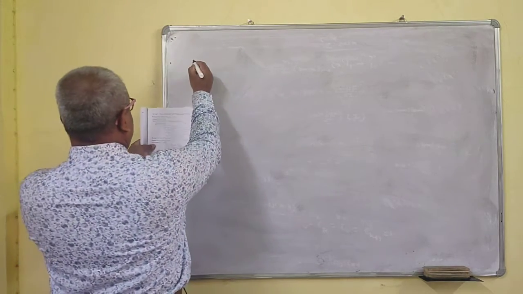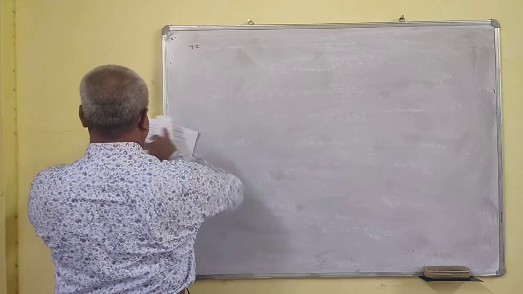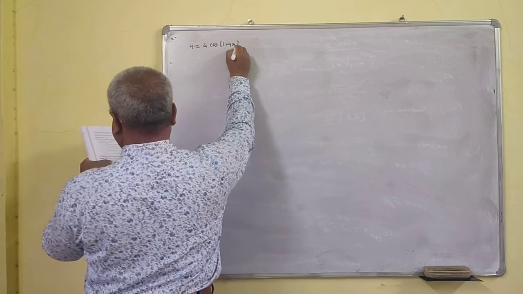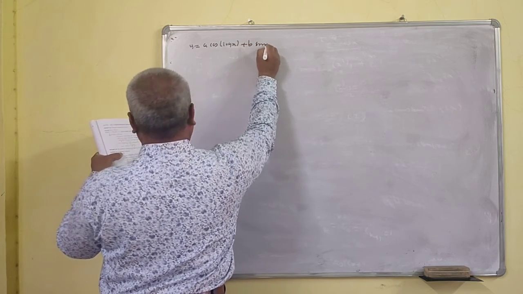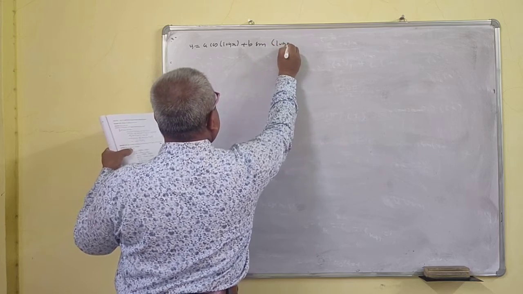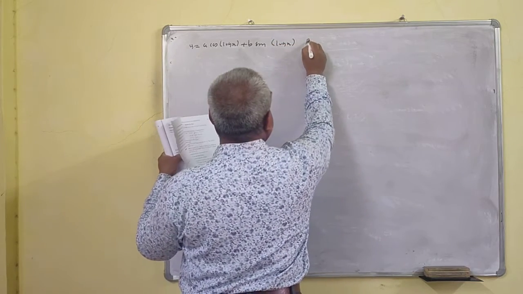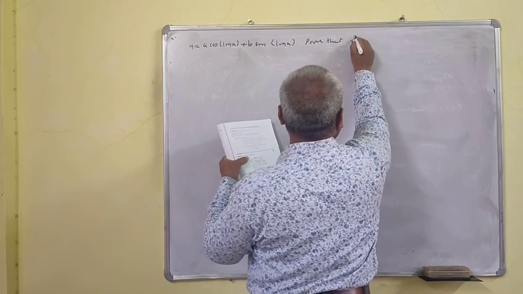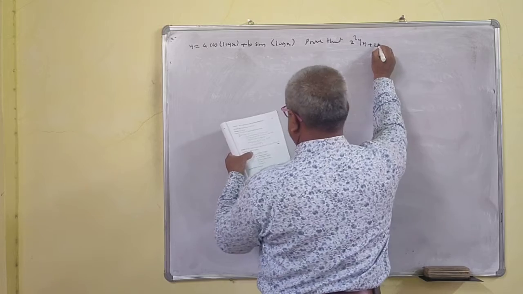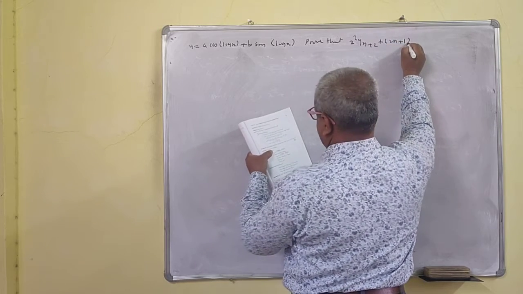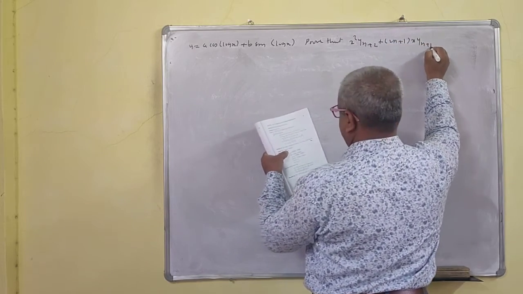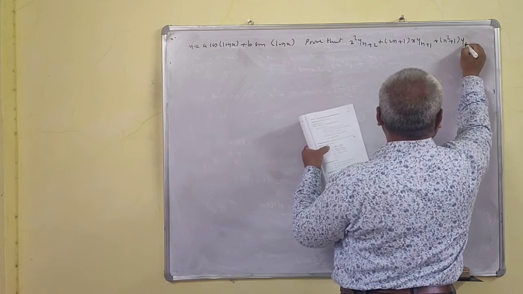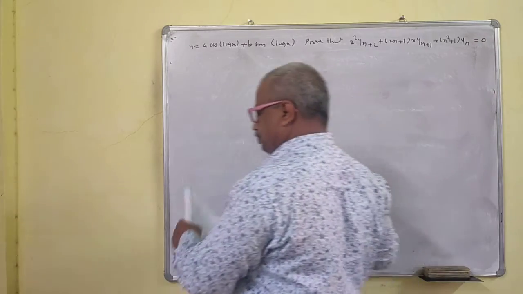If y is equal to a cos log x plus b sin log x, prove that x square yn plus 2 plus twice n plus 1 x yn plus 1 plus n square plus 1 yn is equal to 0.